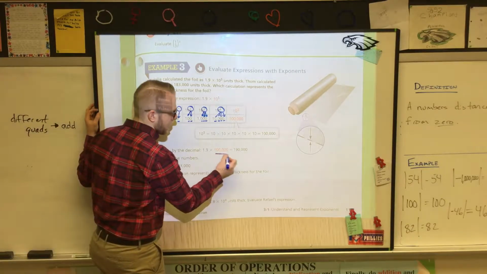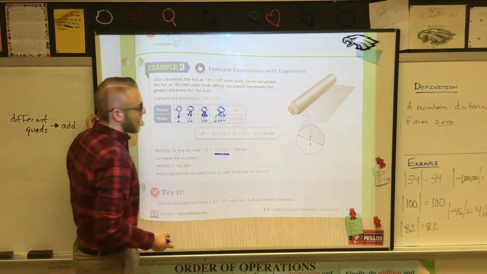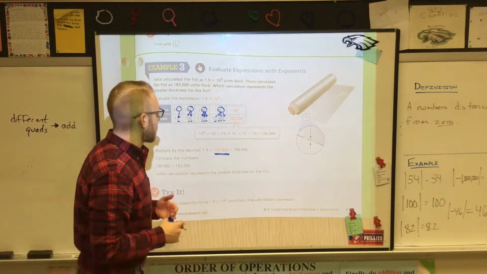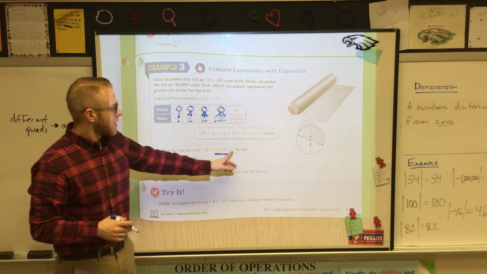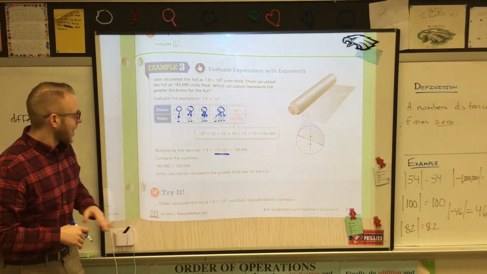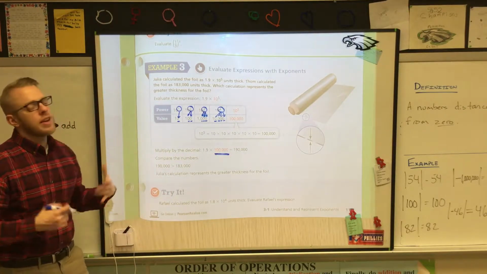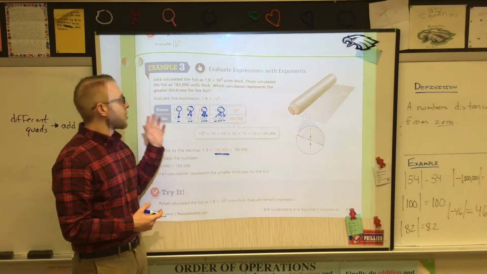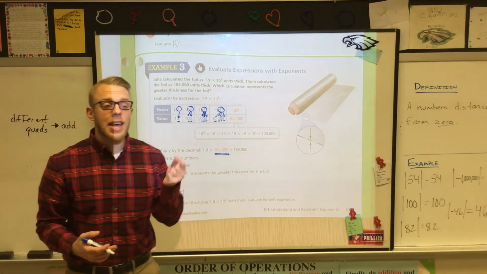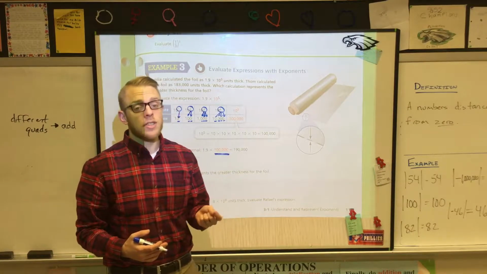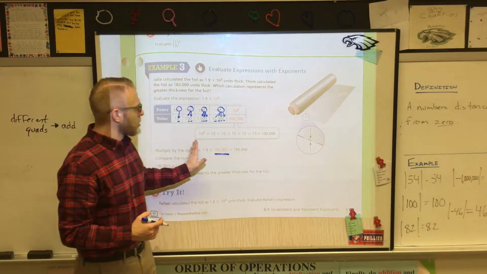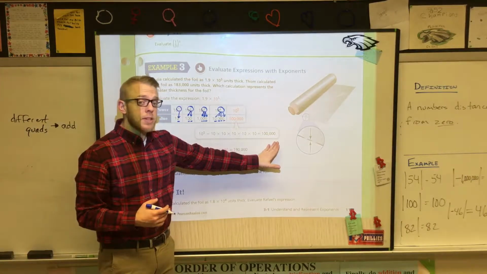You have to get this first, and then in a calculator I can type 1.9 times 100,000 to get 190,000. And then I can compare numbers if I wanted to, depending on what the question is asking me. But the big understanding here is that when you have a base of 10, the exponent matches the number of zeros in the value.